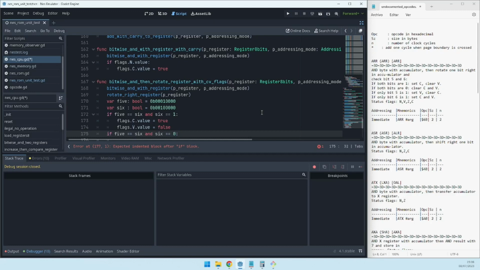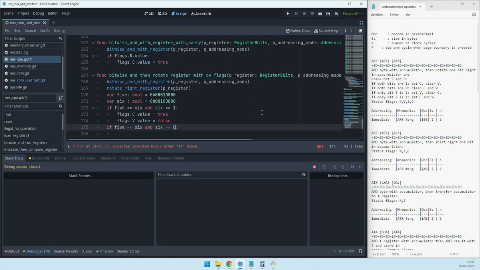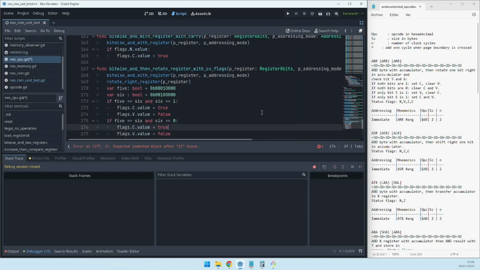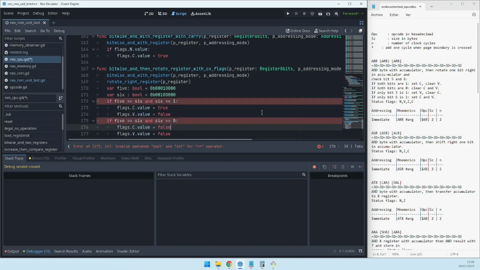If they are both 0, it clears both. What is the error now?